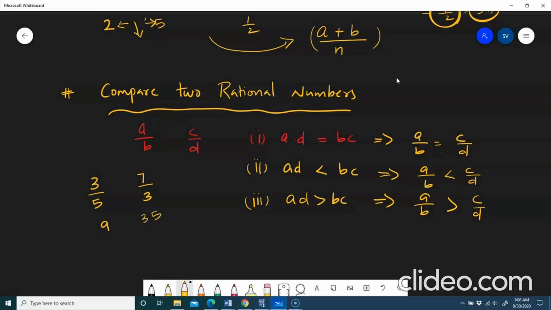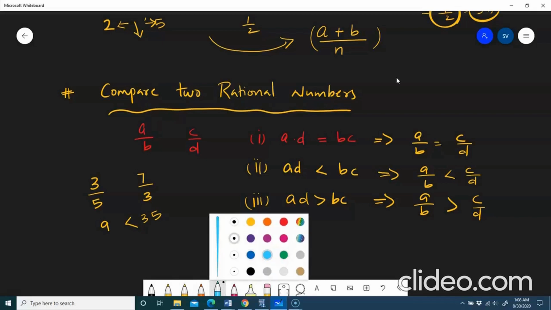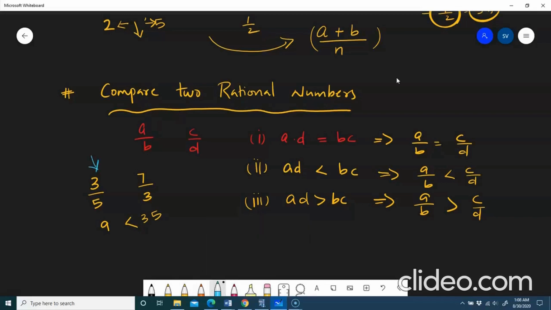So AD is less than BC. AD less than BC means A by B, that means the first fraction, is less than the second fraction.